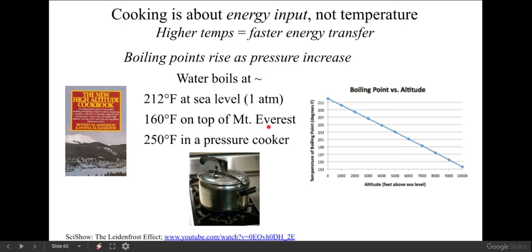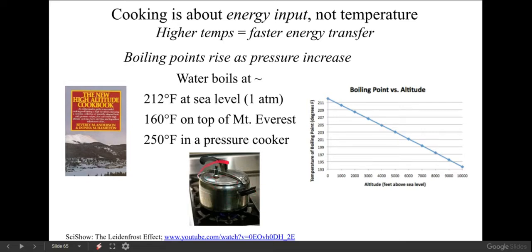Now, what that means is, if you started boiling water, it would boil faster because it only had to get up to 160. But then when you try to cook something, it will take longer because it's cooking at a lower temperature. Now, in contrast, a pressure cooker allows you to reach higher pressures.